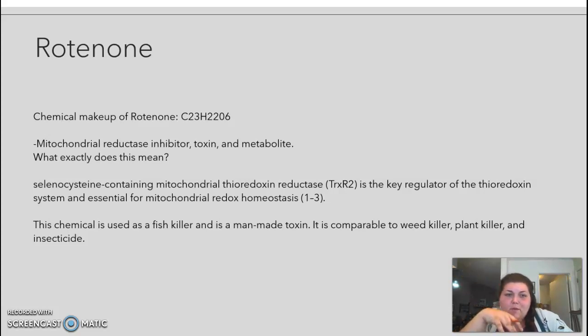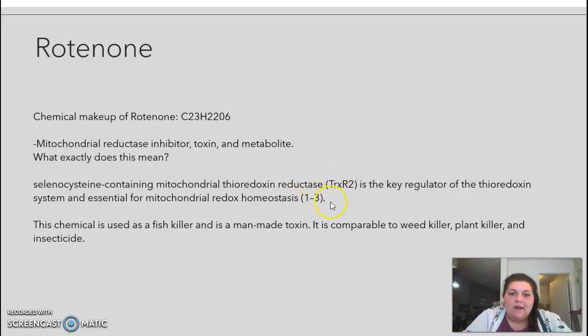So basically what rotenone does is it makes it so that the plant or insect or animal or person, whoever ingests it, is not able to process oxygen, so cellular respiration is not able to take place, so they're not able to breathe, essentially suffocating you.